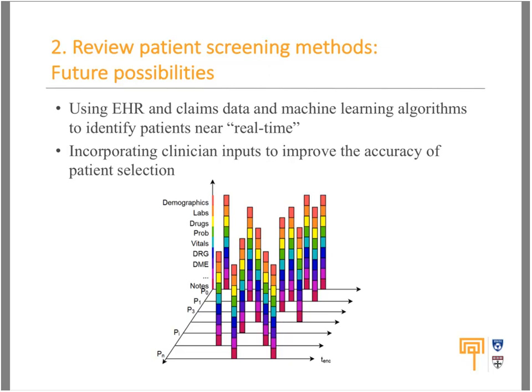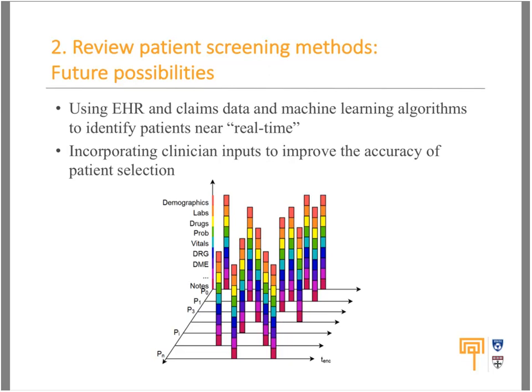Our initial goal is to double the accuracy of the current identification methods, which are mainly based on the clinician's judgment, like surprise questions. As we know, currently in our hospitals, we have a large amount of data stored in the electronic health records and our clinical data warehouse.